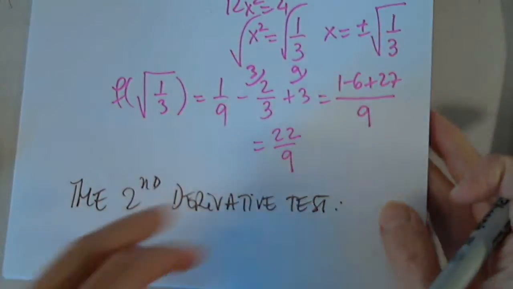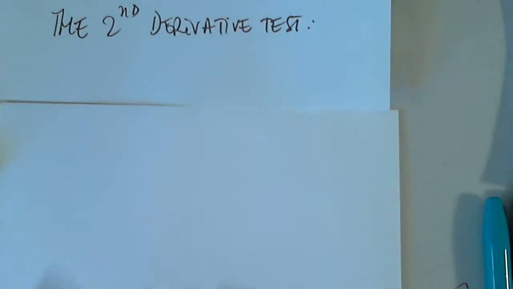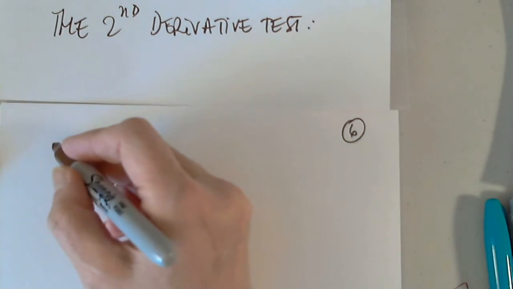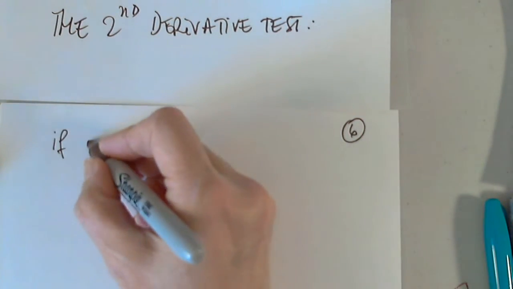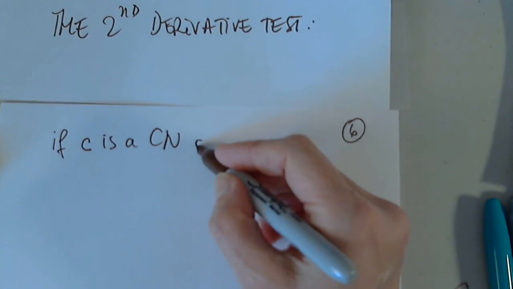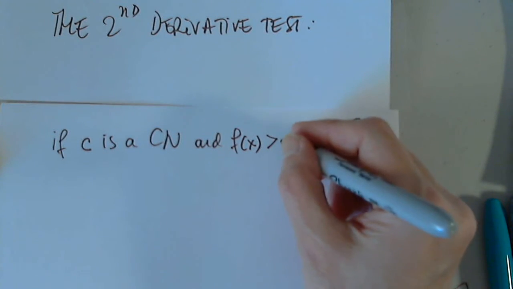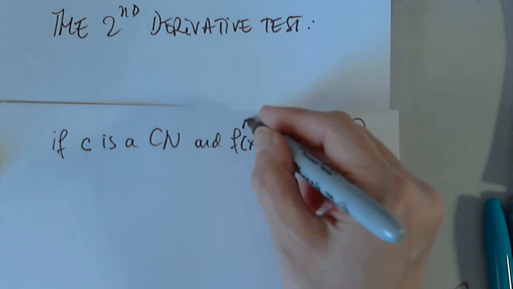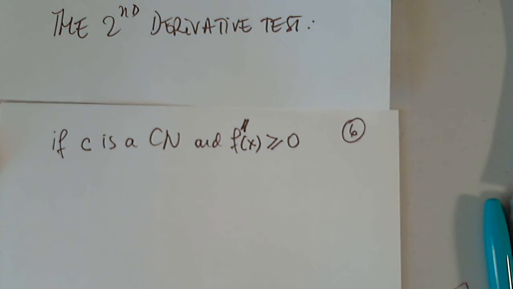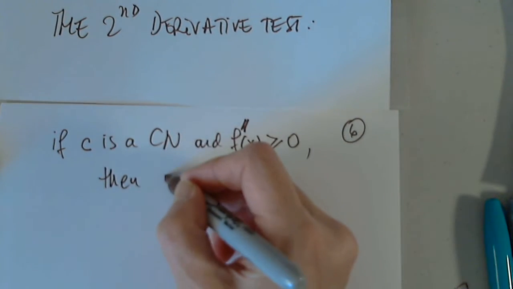So what does the second derivative test say in short? The second derivative test says that if c is a critical number and the second derivative is positive, then c gives a minimum.